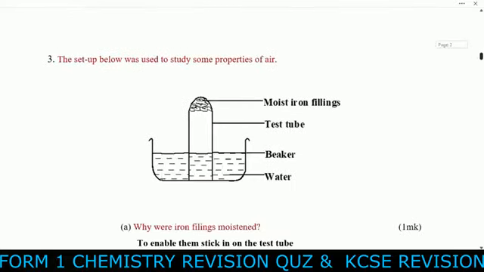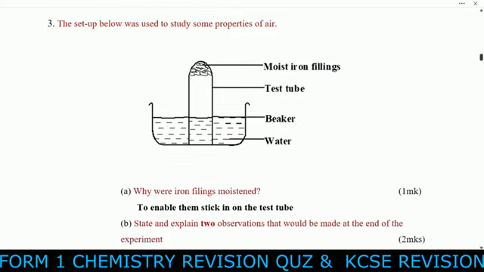Question number 3, the setup below was used to study some properties of air. You can see here, you can see water, beaker, and then test tube, then moist iron filings.